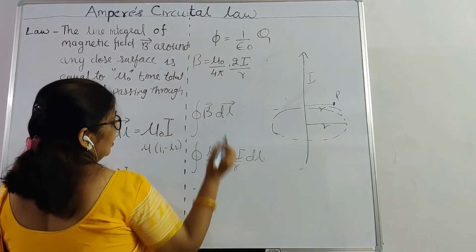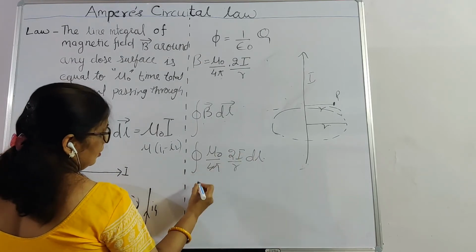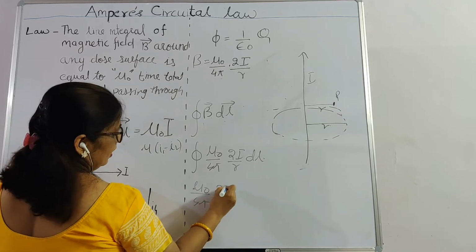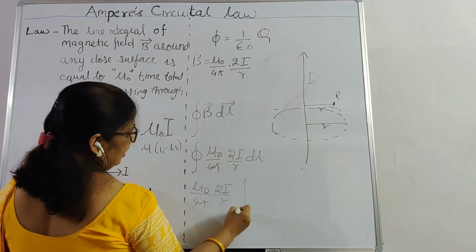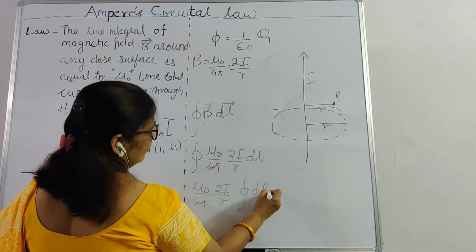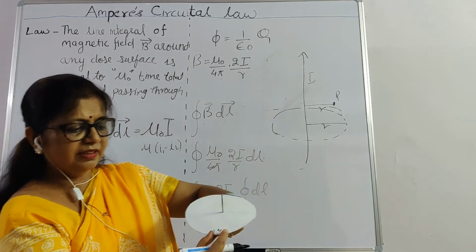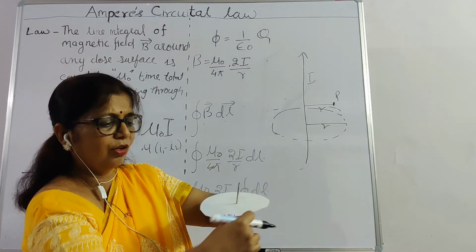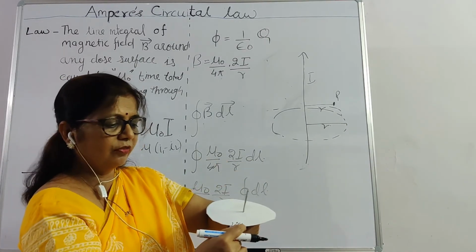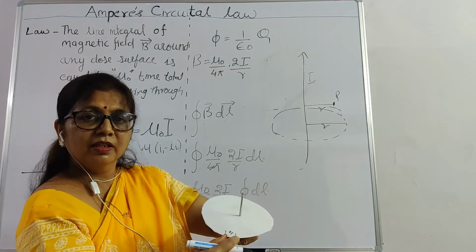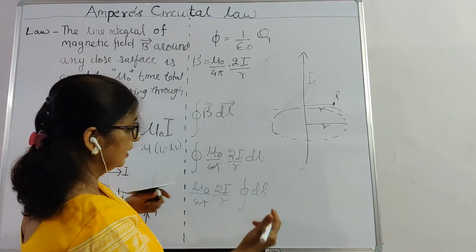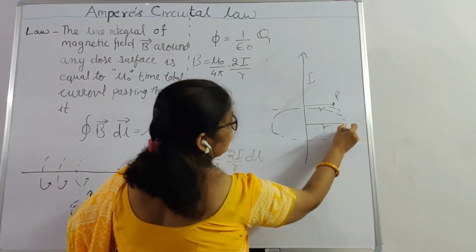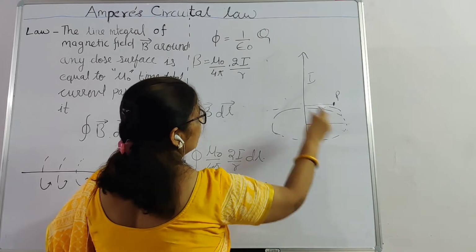So mu naught by 4 pi 2I by r and the line integral of dl. The dl is a small element. If we add all the dl, what do we get? We get the circumference.